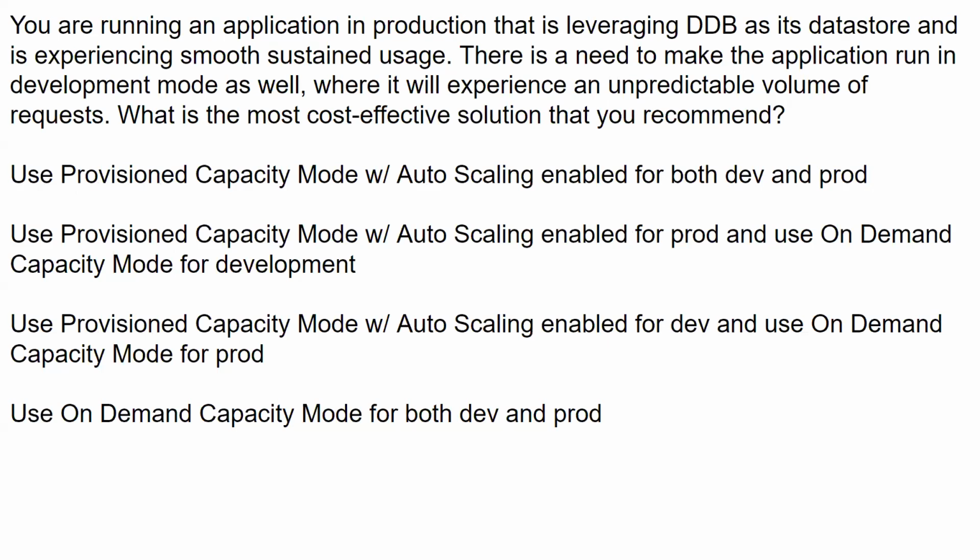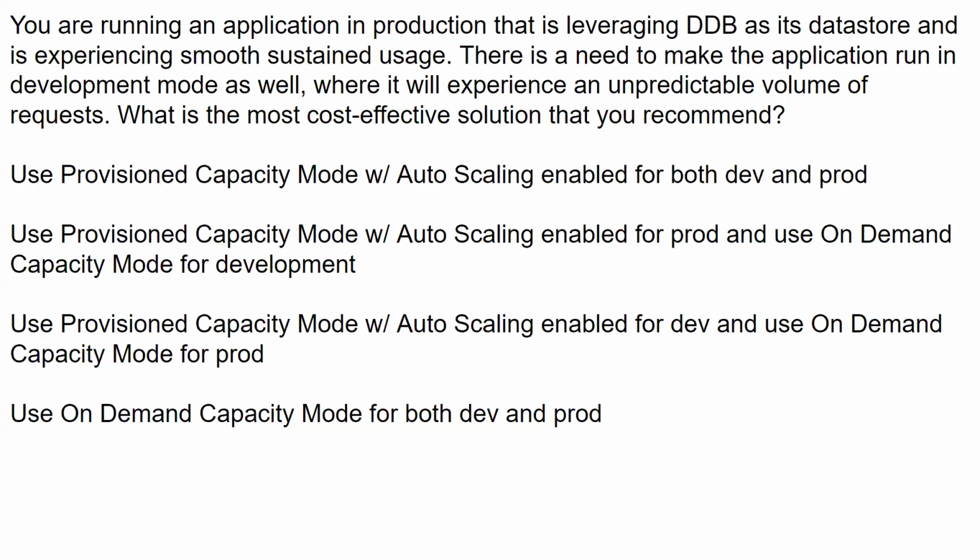Use provisioned capacity mode with auto-scaling enabled for both dev and production. Use provisioned capacity mode with auto-scaling enabled for production, and use on-demand capacity mode for development. Use provisioned capacity mode with auto-scaling enabled for dev, and use on-demand capacity mode for production.